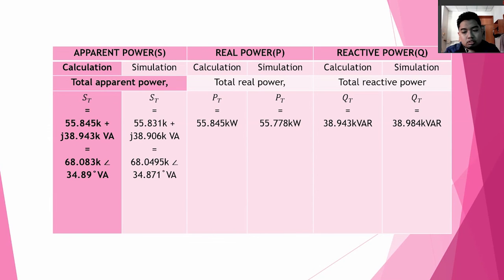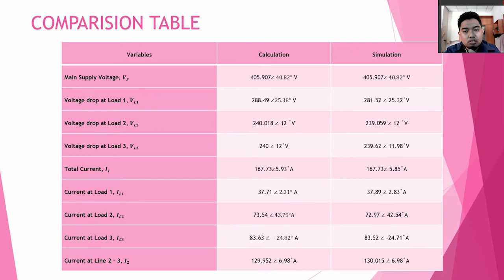We also include the differences of apparent power, real power, and reactive power according to simulation and calculation. The data that we calculated are recorded in the table as follows. There are no significant changes between both tables, and it's okay to continue with this assignment.